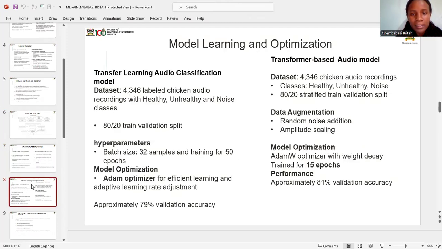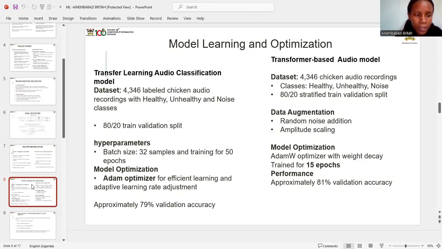After talking about their architecture, we're going to explain how these models learned. I'm going to first talk about the transfer learning audio model. For it, the dataset used was 4,336 labeled chicken audio recordings, divided into three classes: healthy, unhealthy, and noise.